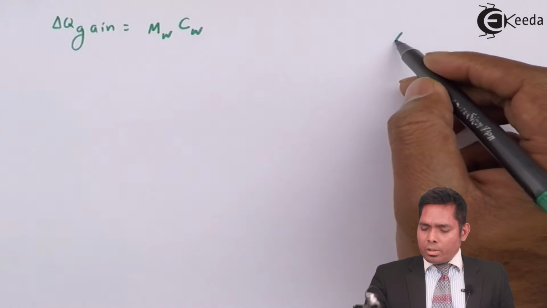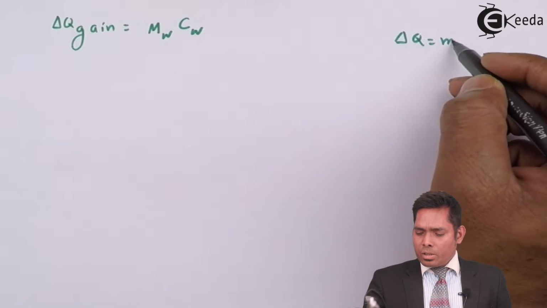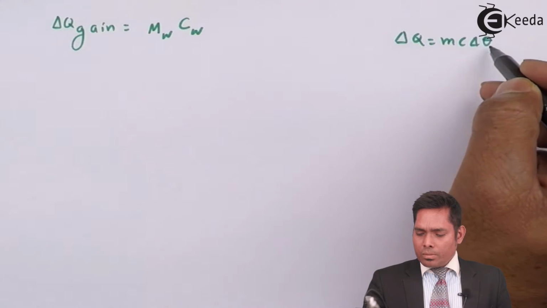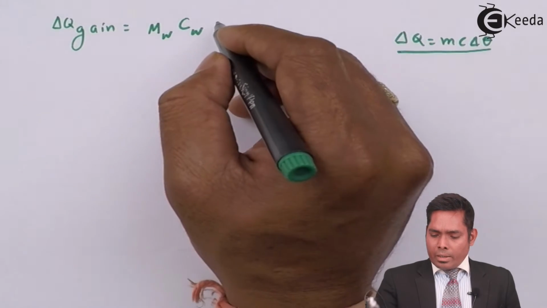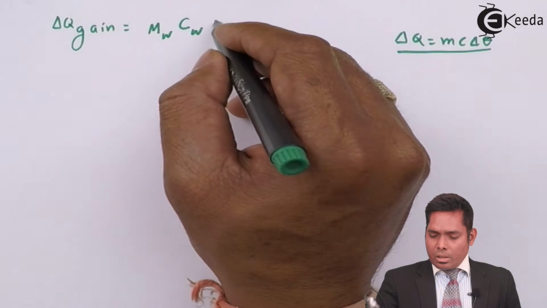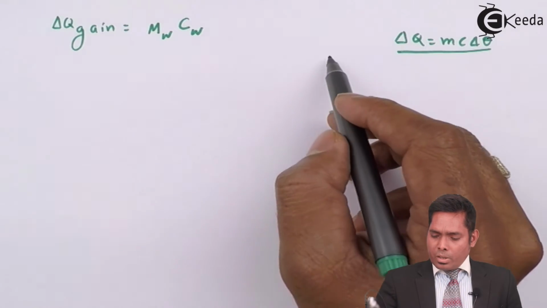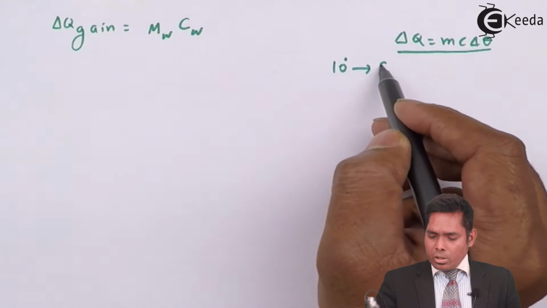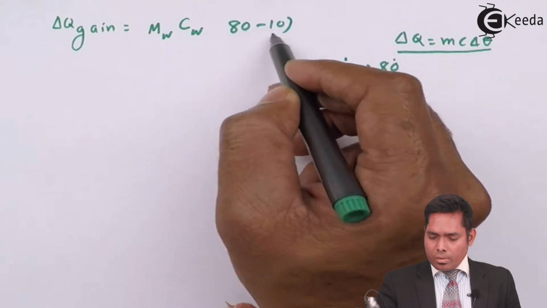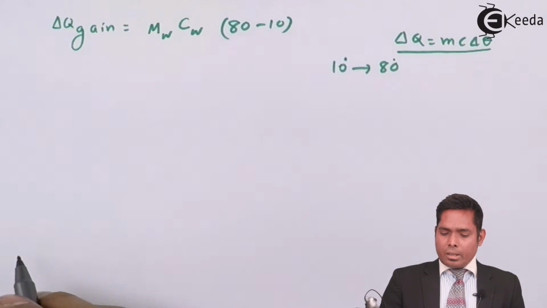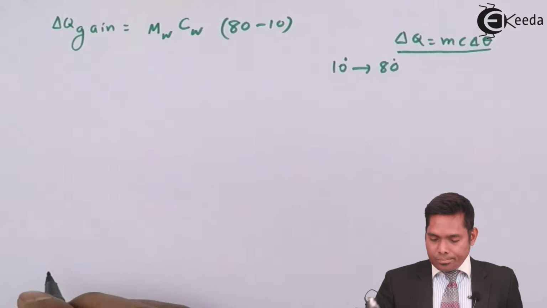Delta Q is m c delta theta, this formula you are going to use. And the delta theta is from 10 degree to 80 degree, so that is 80 minus 10. This is the heat gain.